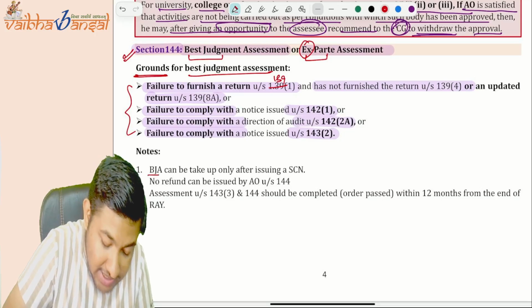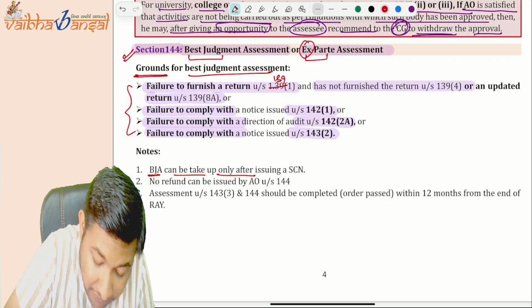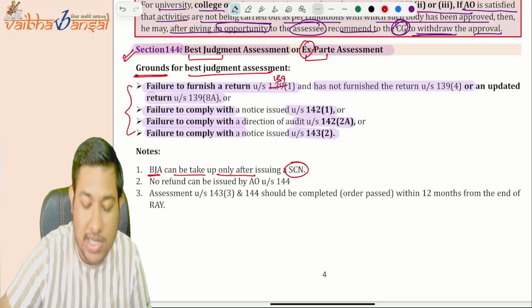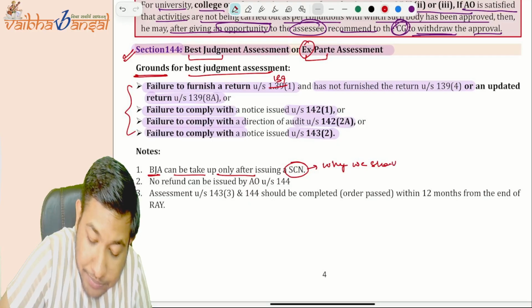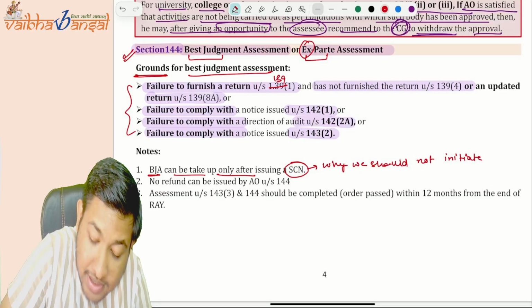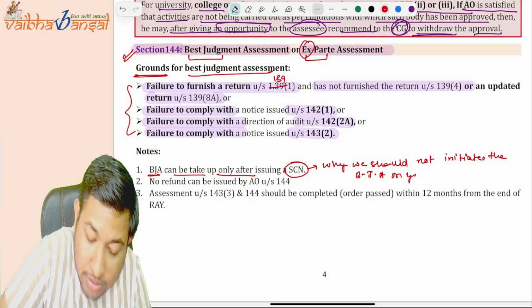Then the BJA, that is the best judgment assessment, can be taken up only after issuing a show cause notice. The assessing officer first gives a show cause notice asking why we should not initiate the best judgment assessment on you.